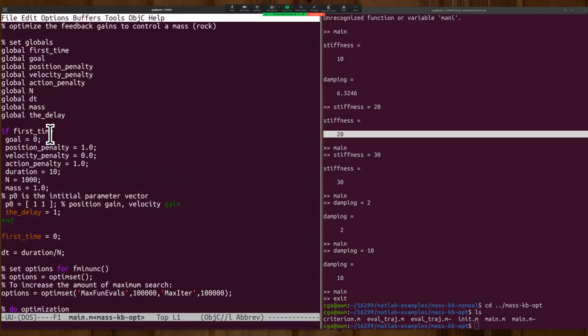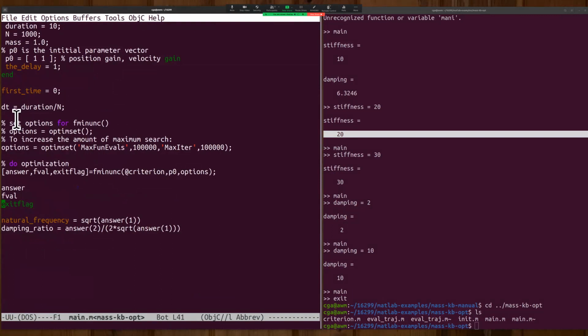Okay, so when we do it with optimization, we declare a bunch of globals, we set values to parameters, we have a duration, we tell the optimizer, we give it instructions on exactly the details of how to optimize. And this is how you call an optimizer in MATLAB.